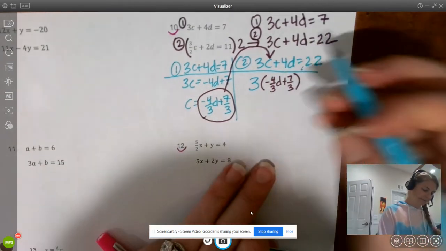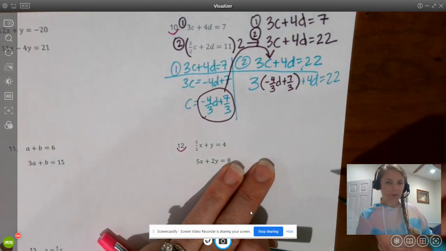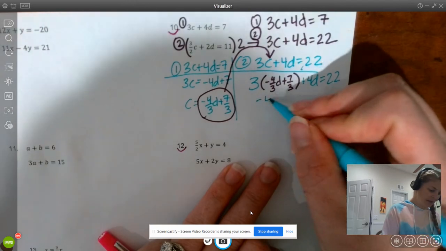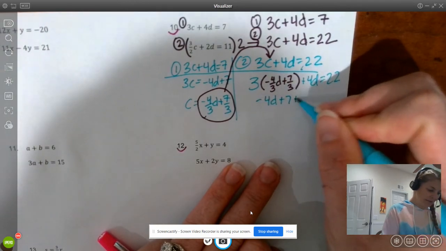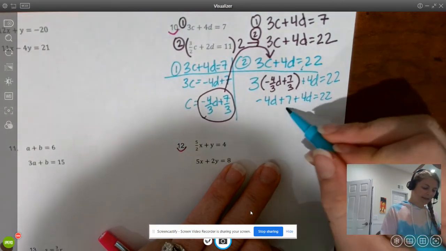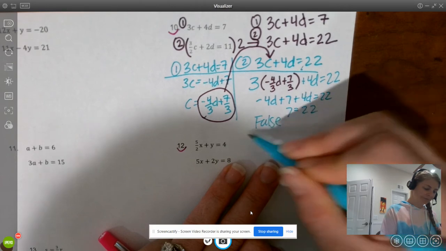Yes. Okay. Plus 4d is equal to 22. Okay, when I multiply through, I end up with -4d plus 7 plus 4d is equal to 22. The variables cancel. I get 7 equals 22, which is a false statement.